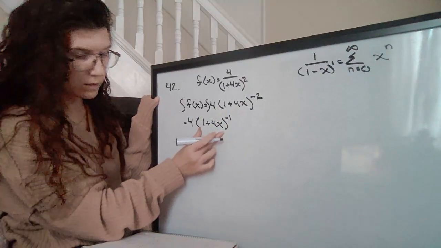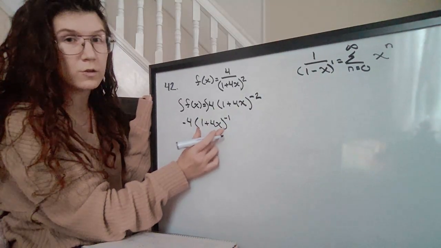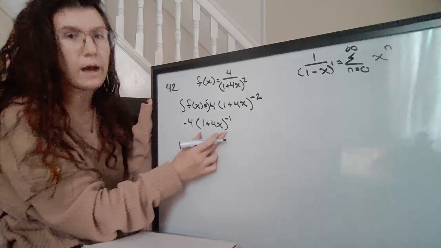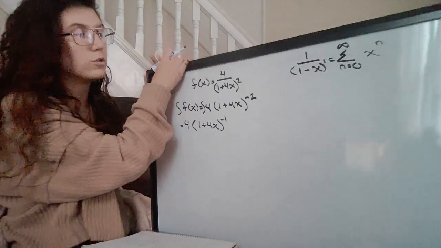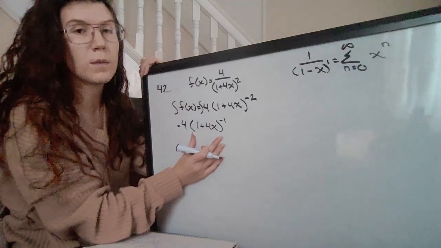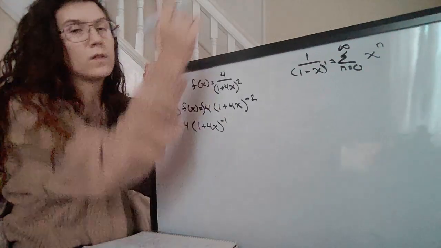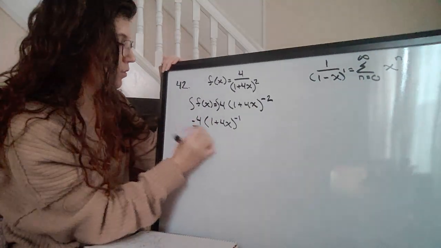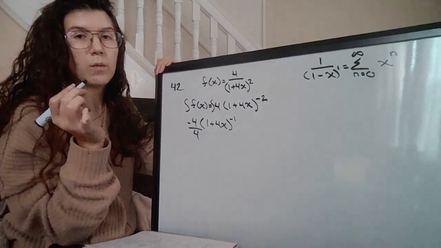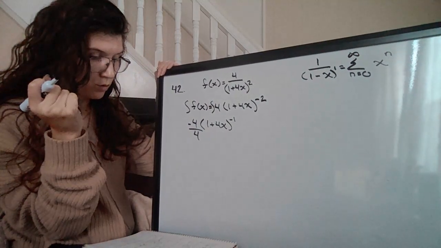And then we still need to divide by the derivative of this, because what we are doing in this step is chain rule. We're not going to go through it because of time. If I set my u equal to this and took the derivative of it, that would be 4, and then I would need to divide by 4 when I do my u substitution. So I need to divide by the derivative of whatever I'm setting my u equal to.